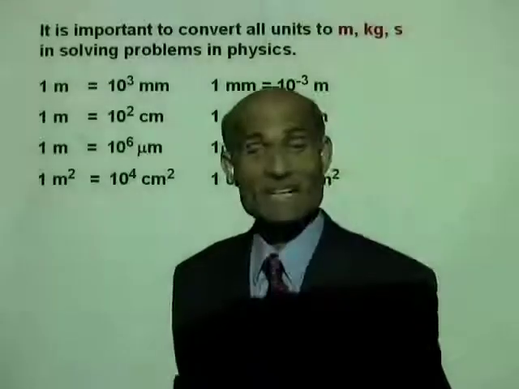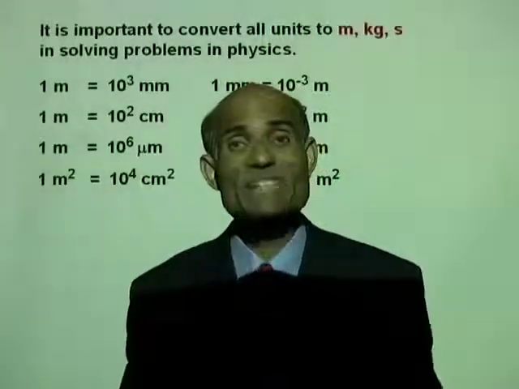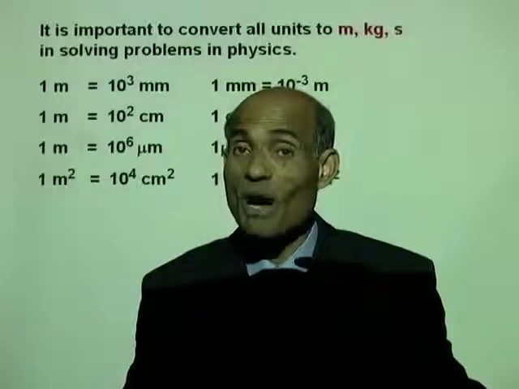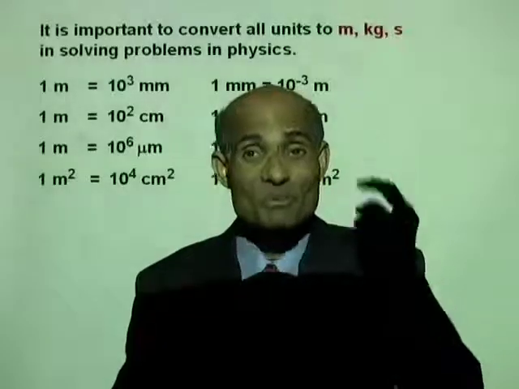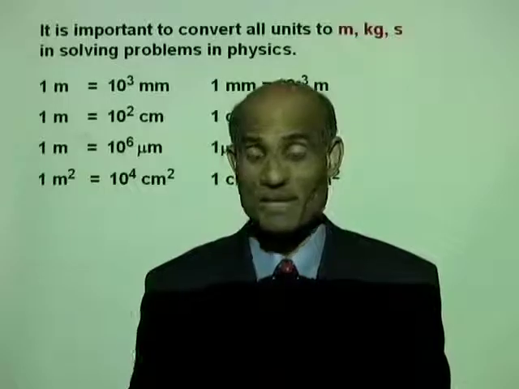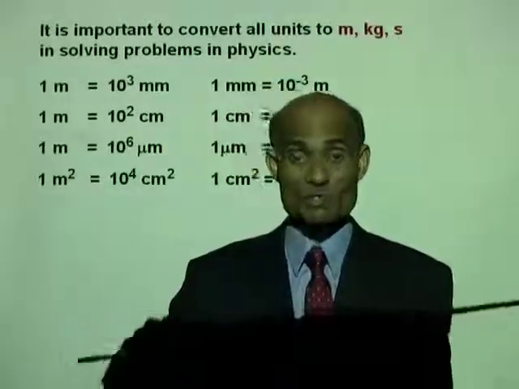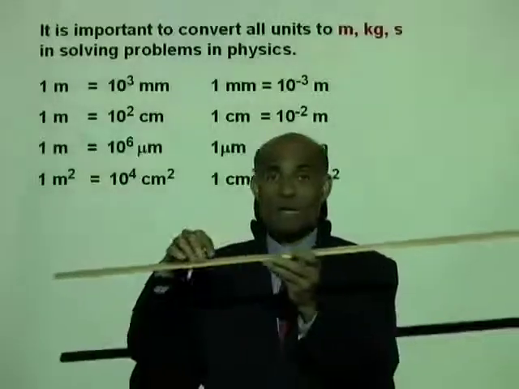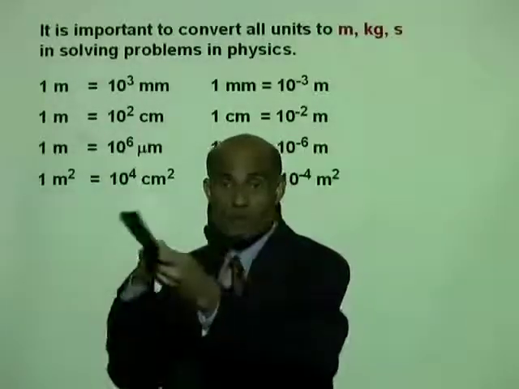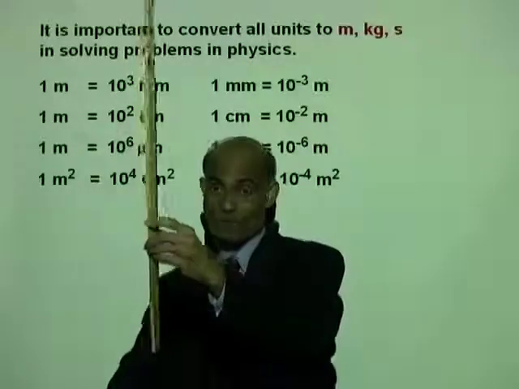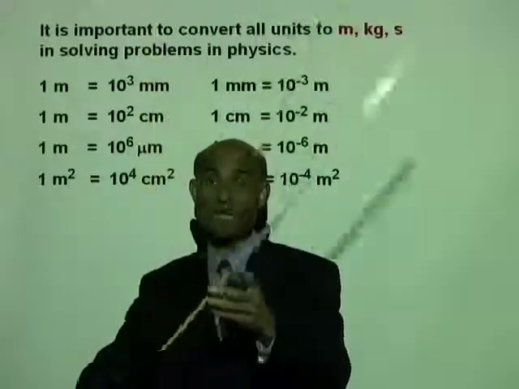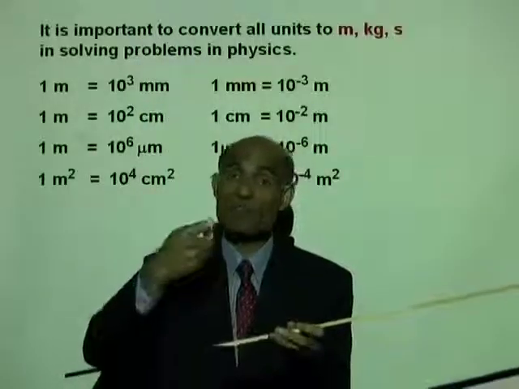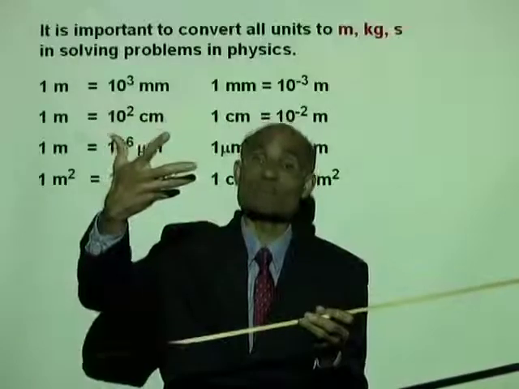In that case, can you tell me how many centimeter cube are there in a meter cube? Because 1 meter cube is 1 meter multiplied by 1 meter multiplied by 1 meter, 1 meter multiplied 3 times.